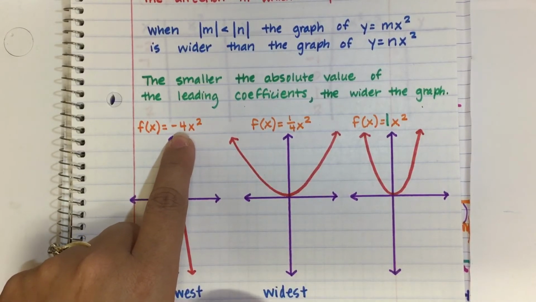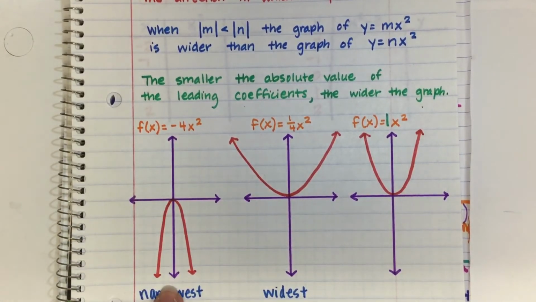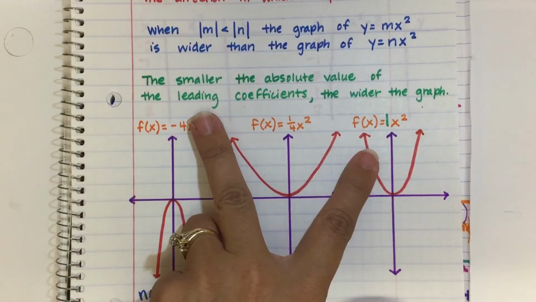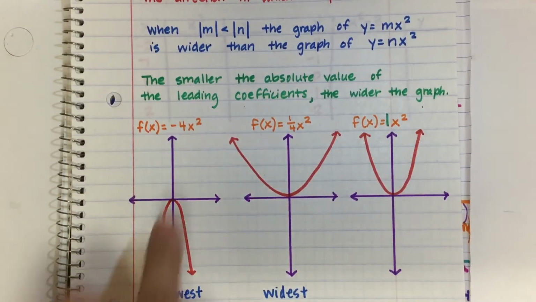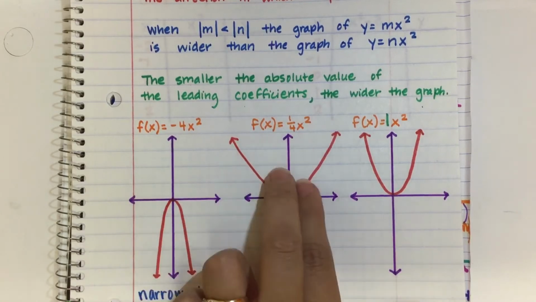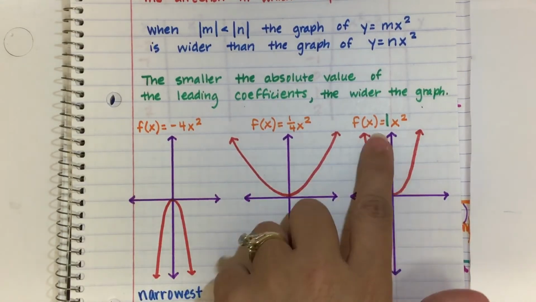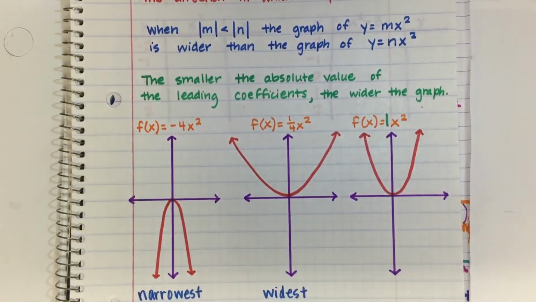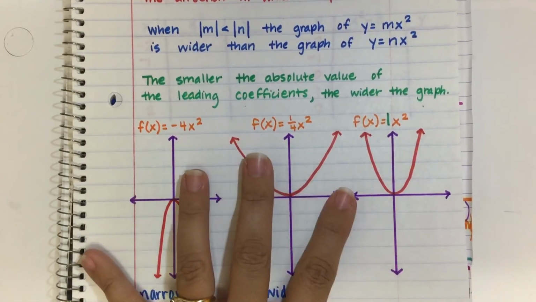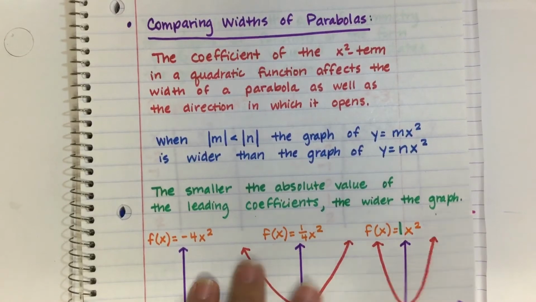So this is our larger absolute value. It's going to be our narrowest graph. This is our smallest absolute value. It's going to be our widest graph. So it's the opposite. The bigger number has the tighter graph. The smaller number has the wider graph. And then x squared is just going to be your normal. Once again, you're going to need to pause and make sure you get these notes copied down on the widths of parabolas.